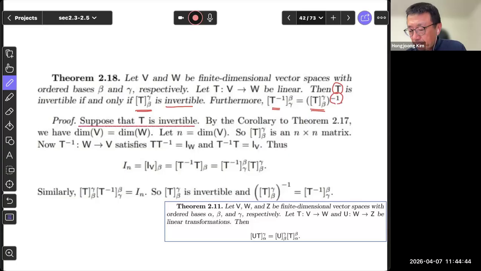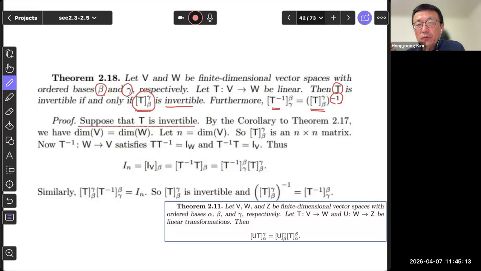Okay, so you need to consider two things. First, if T is invertible, then this matrix will be invertible regardless of this beta and gamma, for any basis. The invertibility of T is not related with beta or gamma, right?